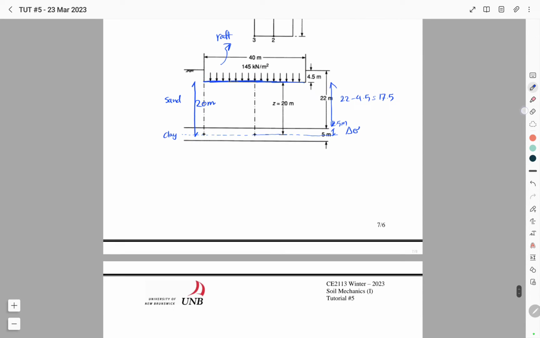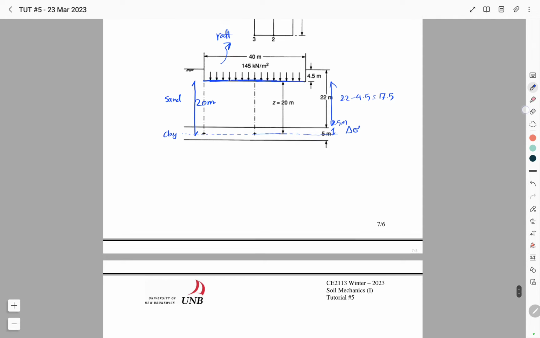And after we determine the change in the effective stress, we are going to use this equation. SC is equal to MV times delta sigma prime times H, and H is the thickness of our layer.